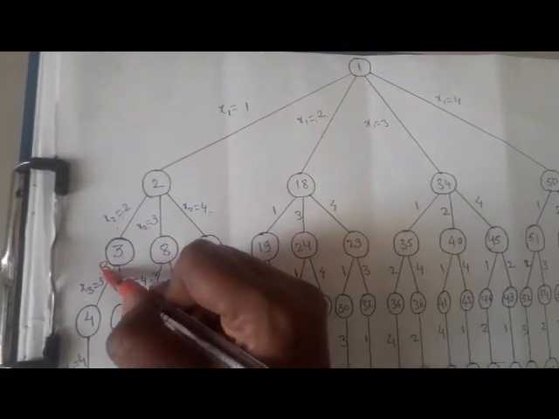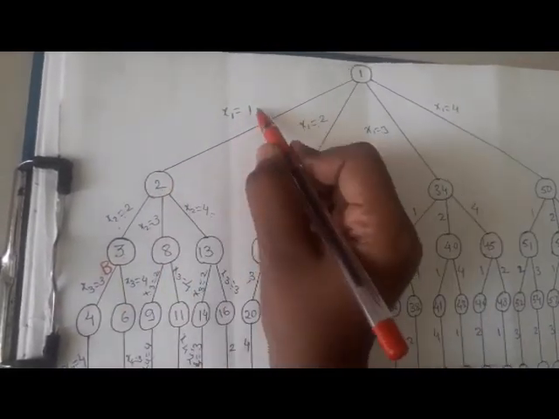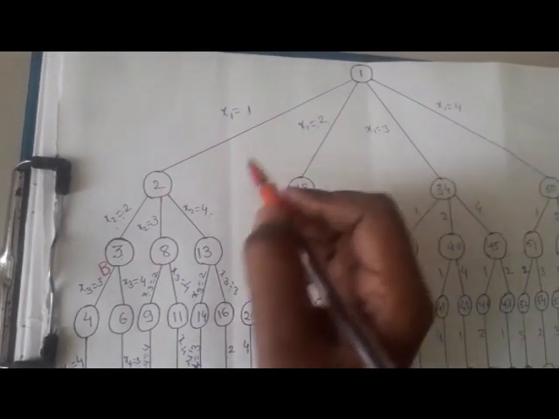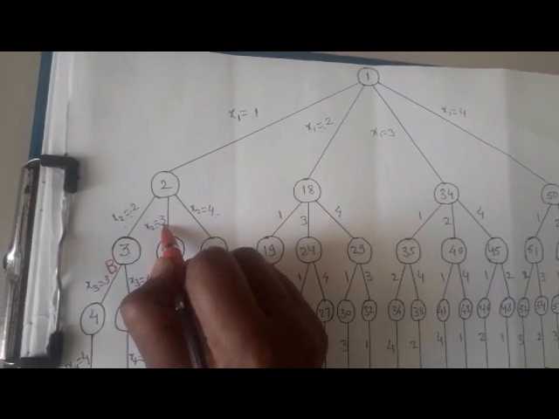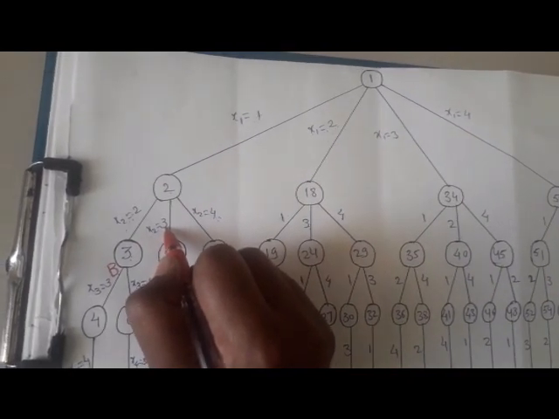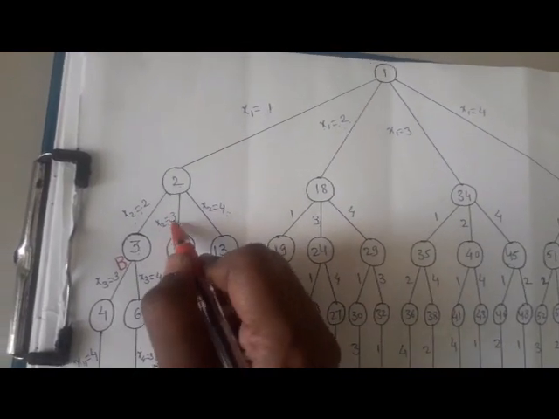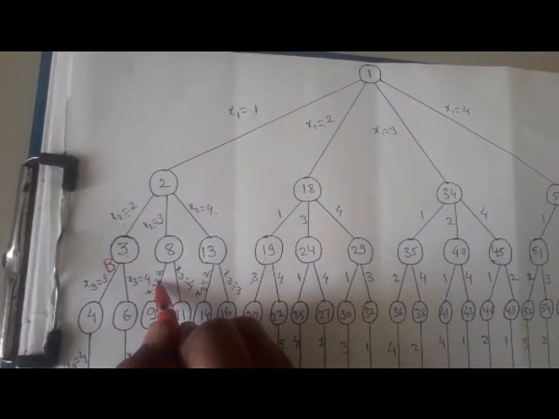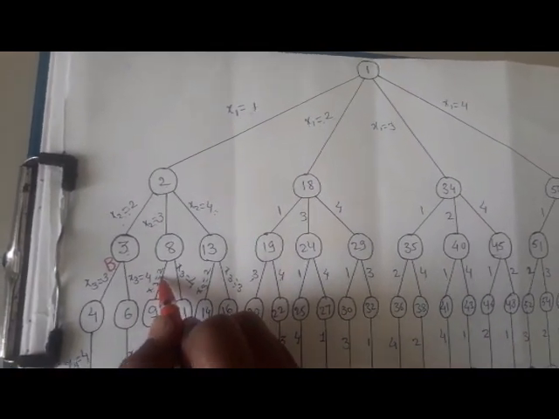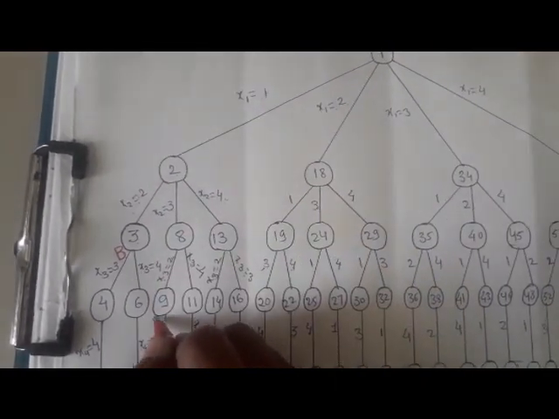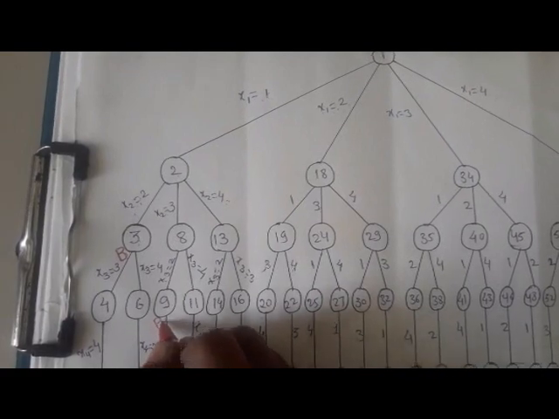Then the first queen is placed in the first row. Now the second queen is placed in the third column, then it is a safe position. Then the third queen is placed in the second column. Then we have to backtrack because this queen can directly attack here.